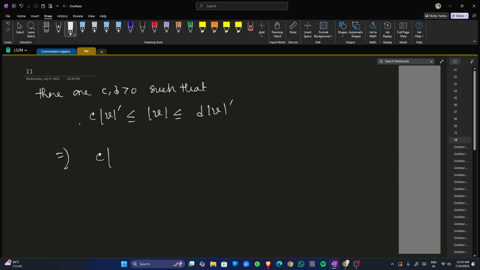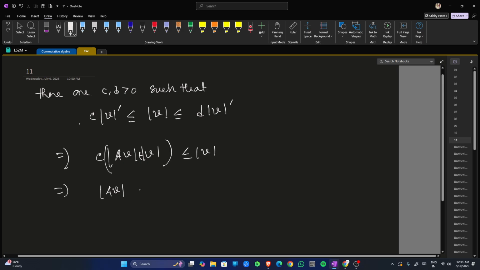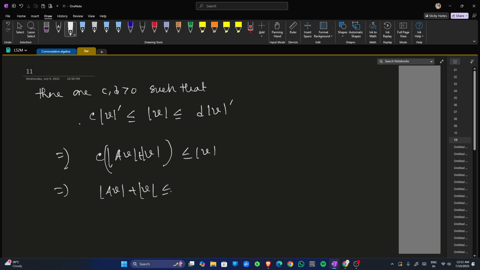This implies C times (norm of Av plus norm of v) is less than or equal to the norm of v. So the norm of Av plus the norm of v is less than or equal to 1 by C times the norm of v. So the norm of Av is less than or equal to (1 by C minus 1) times the norm of v.